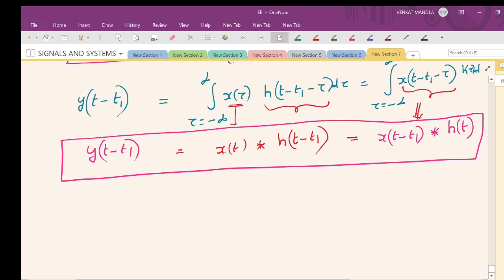From this property, I can deduce one more equation. Now consider y(t − t1 − t2).